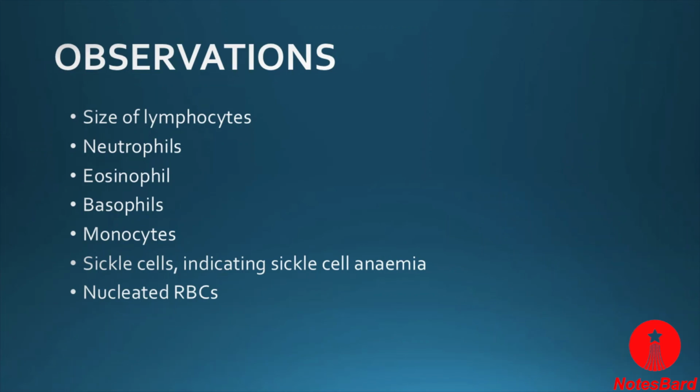There are also inclusions, including parasites, which indicate infection, and abnormal RBCs like nucleated RBCs, which are also an indication of abnormality in the red blood cells. These are some observations based upon the results of the blood smear test performed on the patient.